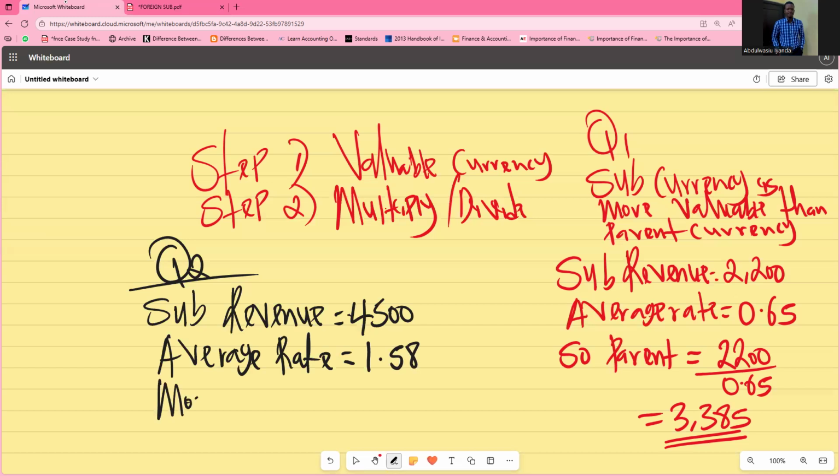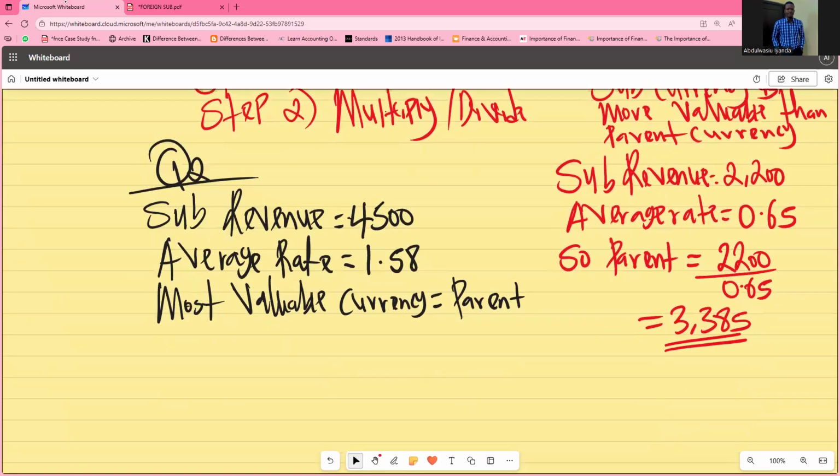The most valuable currency in question two is the parent. So if the parent currency is more valuable and the subsidiary is reporting 4.5, by the time I convert it back to the parent, it will be lower. For example, the subsidiary is using Naira and the parent is using dollar.